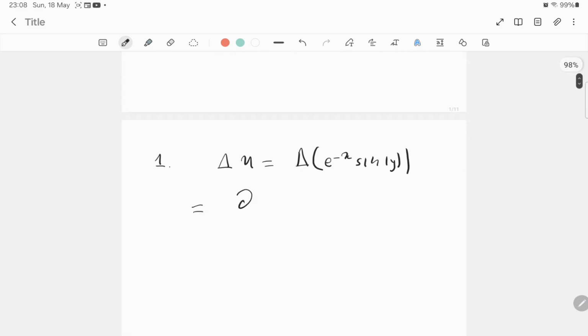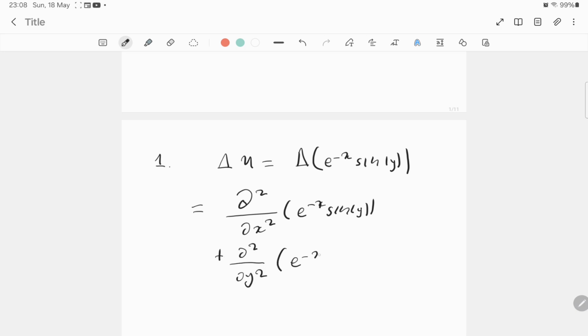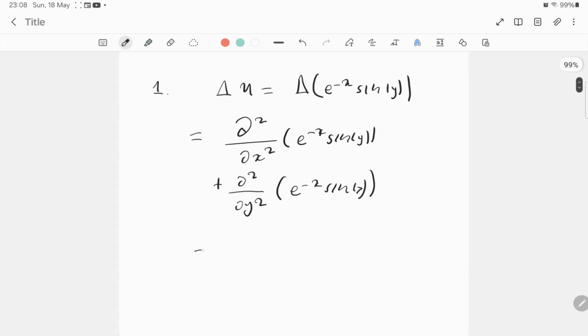And basically I have to find the second derivative with respect to x of that function, plus the second derivative with respect to y of that function. I take the partial derivative with respect to x, so sine y will go outside of the partial derivative.